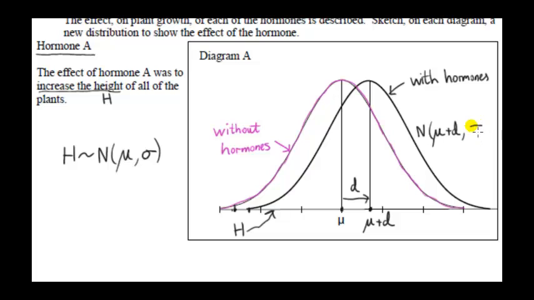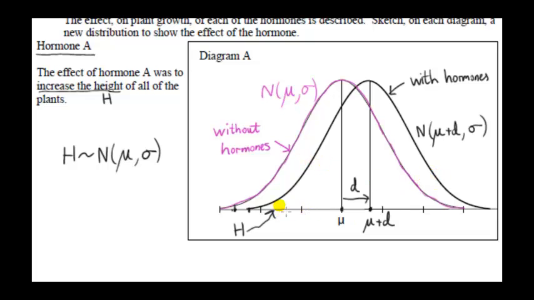And it looks like the standard deviation hasn't changed. This is an official answer to this problem. You can see that this curve has exactly the same width as our original curve. So sigma determines how wide our distribution is. Basically all we did was shift the distribution to the right.